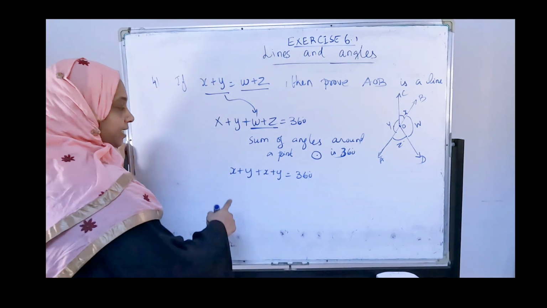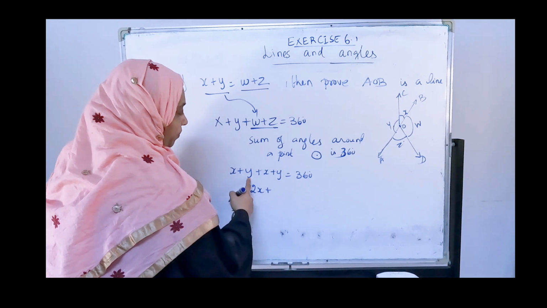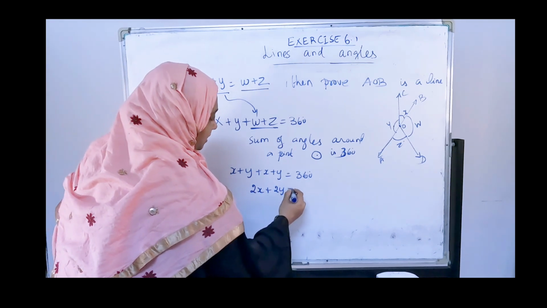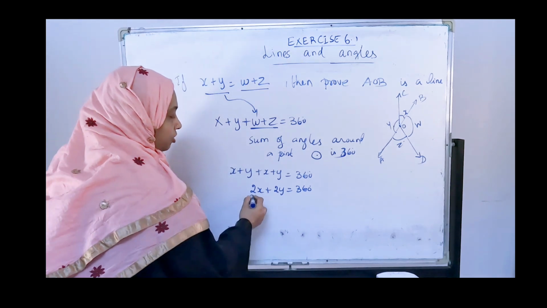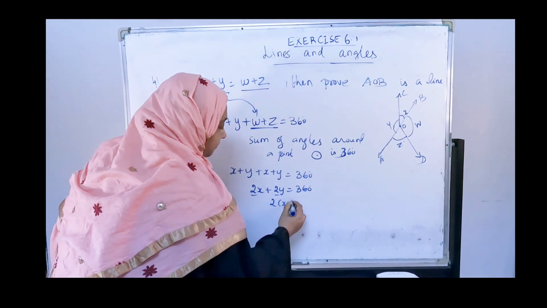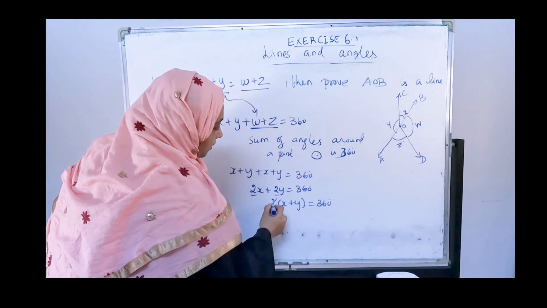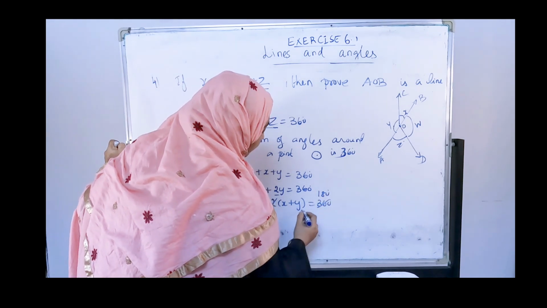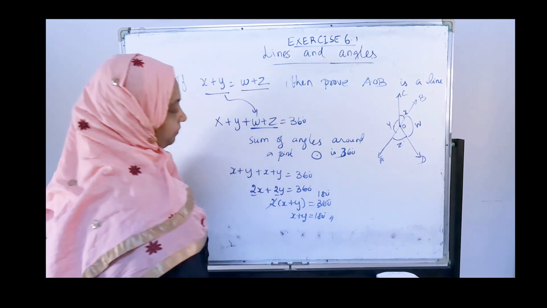How many x's are there? 1, 2. 2 x is there. And how many y? 2 y's are there, that is 360 degree. Okay? And here 2 is there, take common. So x plus y is equal to 180.